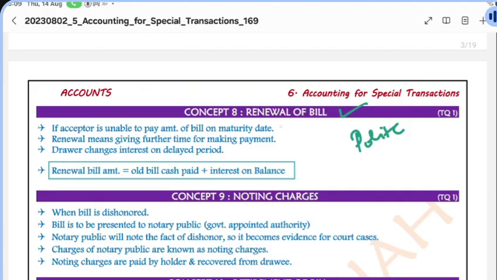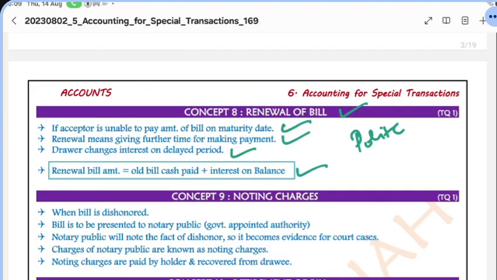If acceptor is unable to pay the amount of bill on maturity date, renewal means giving further time for making payment. Drawer charges interest on the delayed period. Clear? Renewal bill amount will be equal to old bill plus interest on balance.